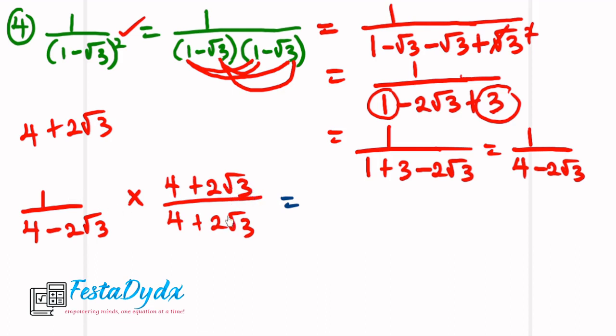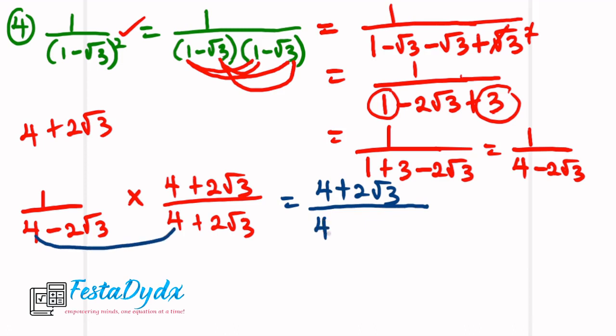Anything times 1 is the same thing. So here we'll have 4 plus 2 root 3 all over the denominator. 4 times 4 is what? 4 squared. And then minus 2 root 3 times 2 root 3 is going to give us minus 2 squared root 3 squared, because we have 2 times 2 times root 3 times root 3.